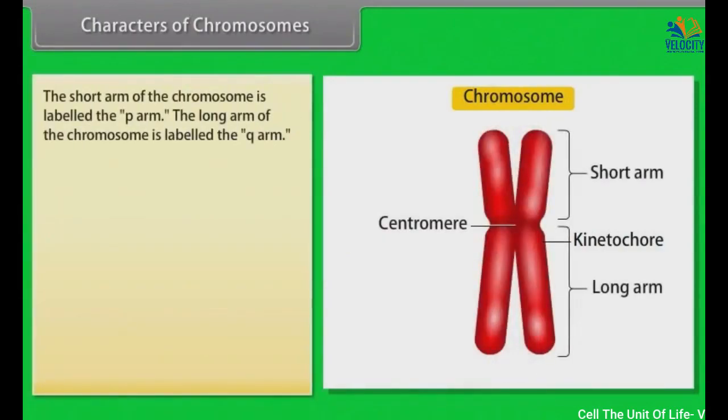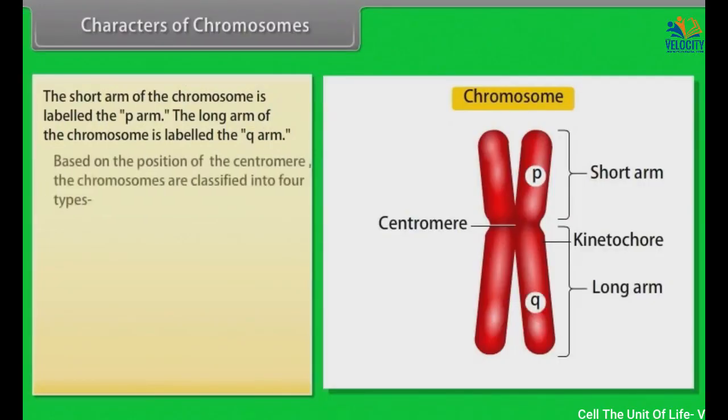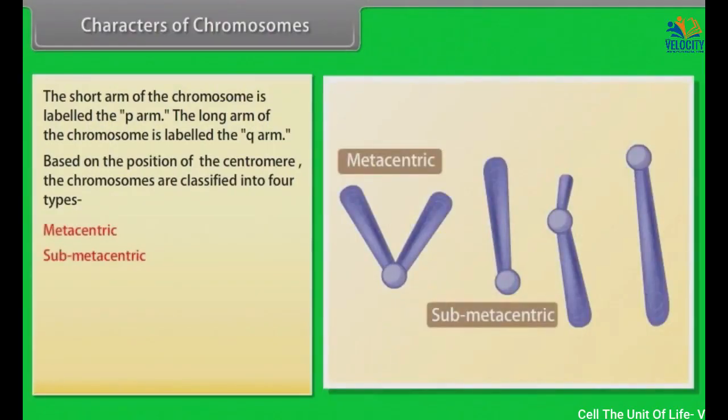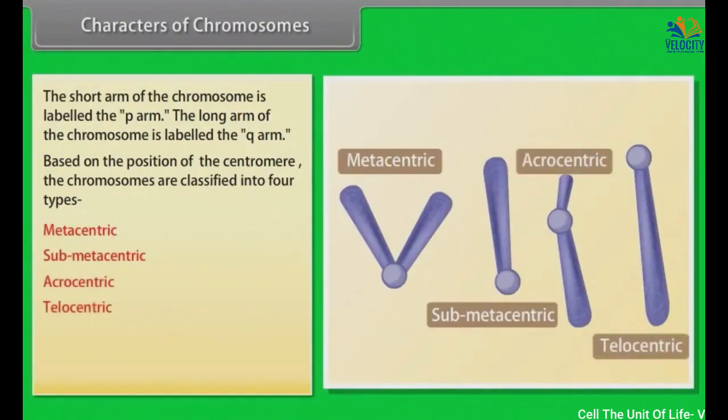The short arm of the chromosome is labeled the P arm. The long arm of the chromosome is labeled the Q arm. Based on the position of the centromere, the chromosomes are classified into 4 types: metacentric, submetacentric, acrocentric, and telocentric.